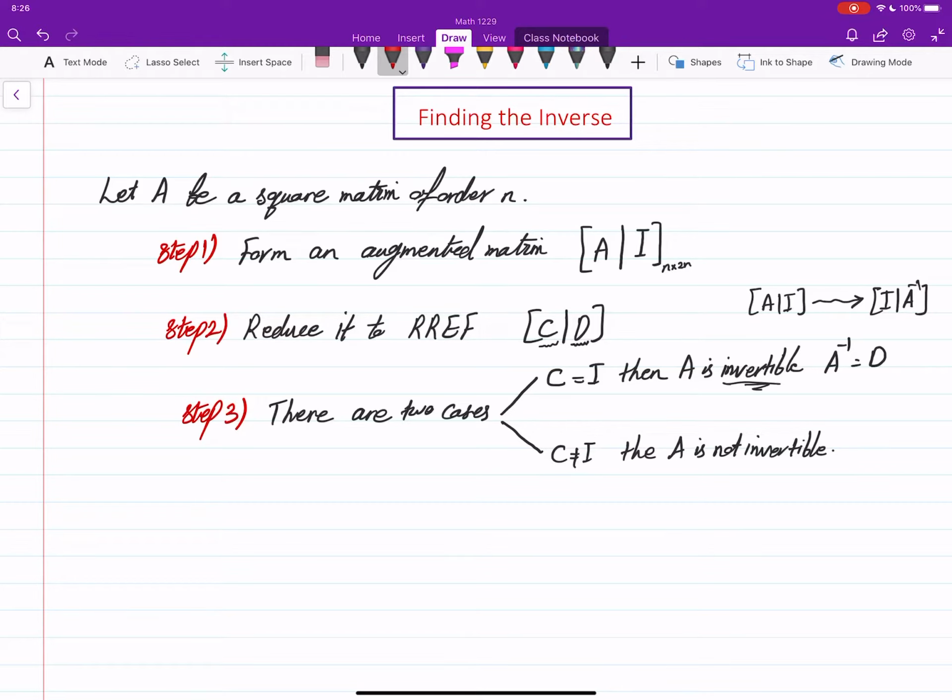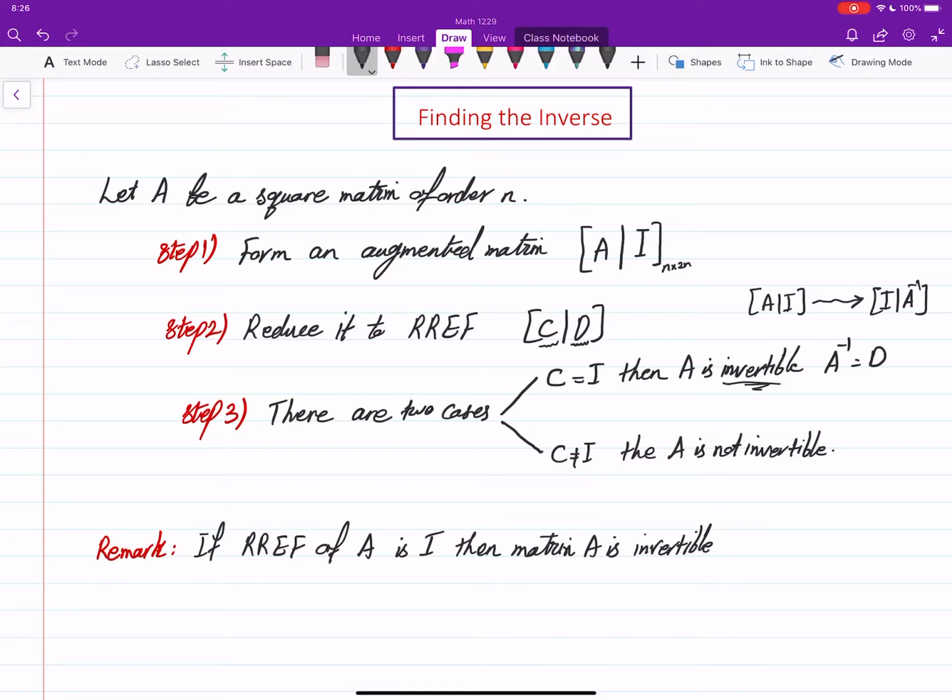But if you're just looking for an answer for if the matrix is invertible or not, you can just use this fact that if row reduced echelon form of A is identity, then matrix A is invertible.